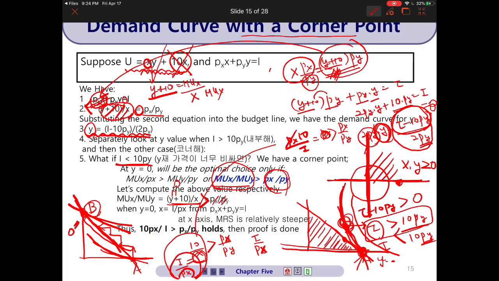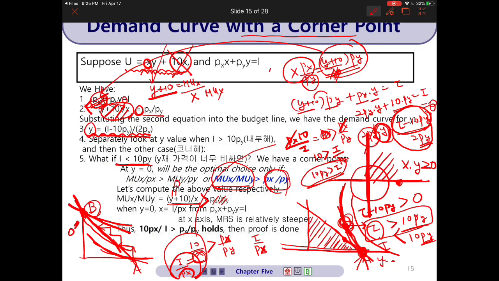We can find the same px on both sides, so cancel it out and multiply both sides by I. 10 is greater than I over py. Multiply both sides by py once again. Then 10 py is greater than I. That's the condition for this corner.